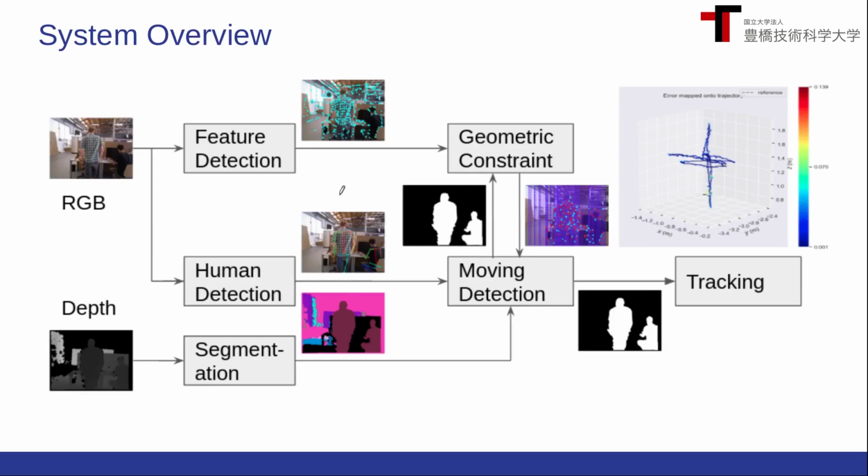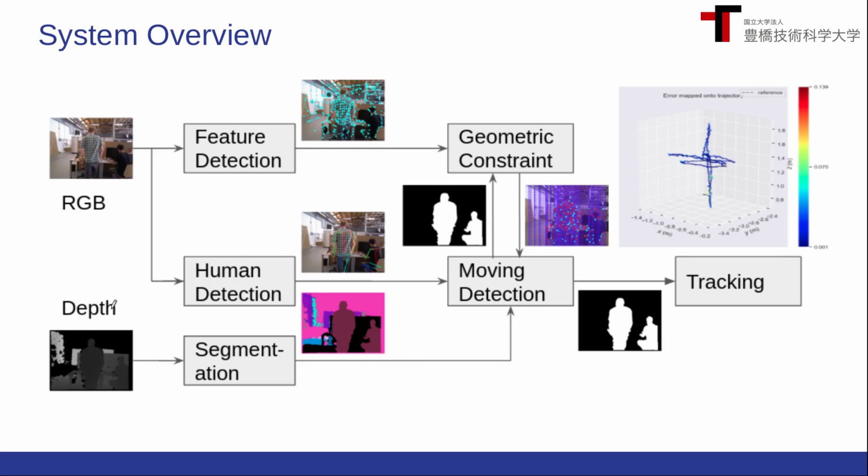This is the whole architecture of the proposed system. Three models are run in parallel. Every RGB image will pass through the feature detection model to extract the ORB features, and at the same time it will also pass through the human detection model to detect humans.